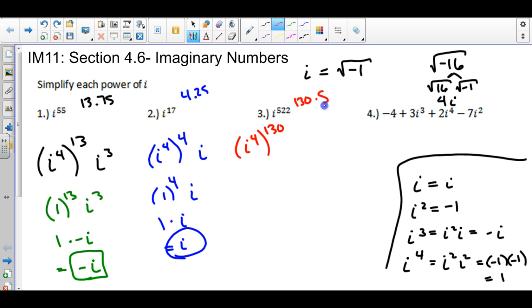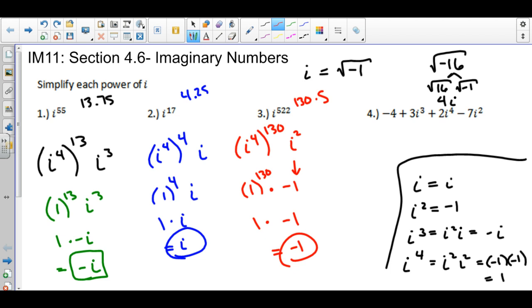So 0.5 means you have 2 out of the 4 i's left, so i squared is left over. Bring down this part, which I'm going to write as 1 to the 130th power, and I'm going to bring down i squared using my little handy table over here. i squared is -1. So then at the very end of this problem, 1 to the 130th power is 1, and 1 times -1 is -1.